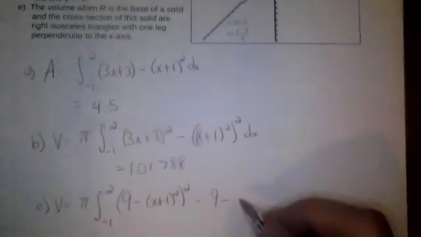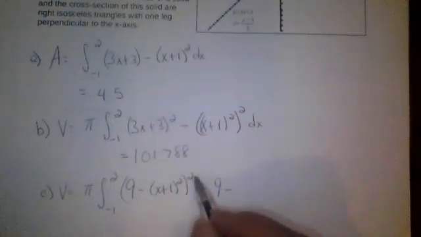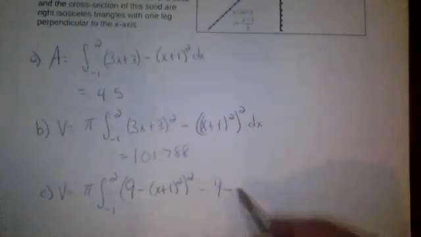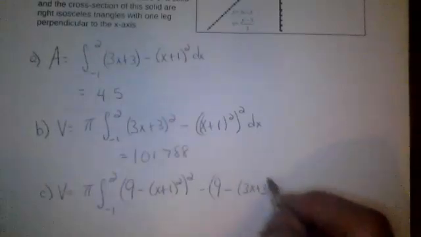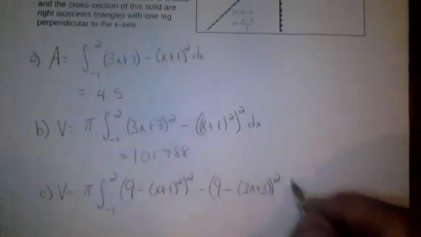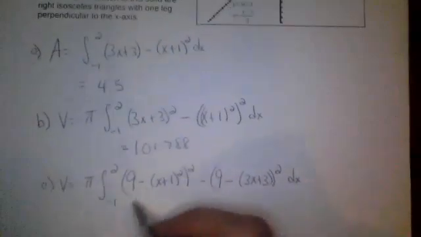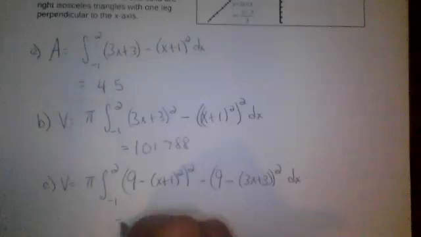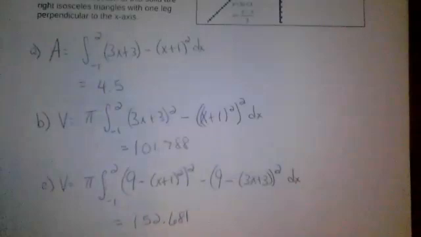Oh, sorry, you can see I was right. 9 minus the curve squared, 9 minus the line squared. And we get that one typed in. We should get 152.681.